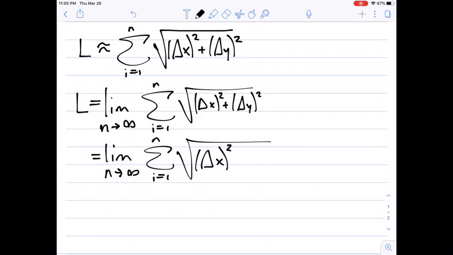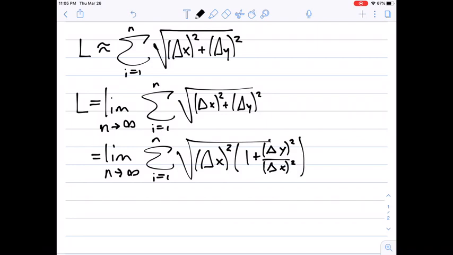So I'm going to actually be factoring out a delta x squared inside. And if I factor delta x squared from the first term, which is delta x squared already, then I'm left with 1. And if I factor delta x squared from the second term, which is delta y squared, I end up with delta y squared divided by delta x squared.